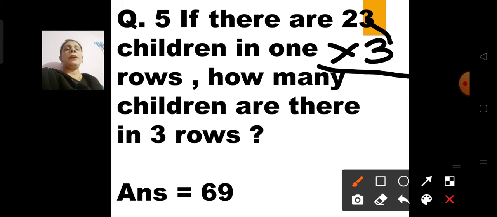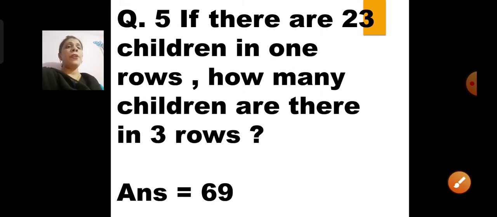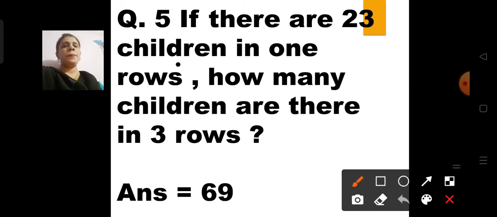So 3 3s are, 3 1s are 3, 3 2s are 6 and 3 3s are 9. 2 3s are, 2 1s are 2, 2 2s are 4, 2 3s are 6. So what is your answer? 69. If there are 23 children in one row, how many children are there in 3 rows? There are 69 children.